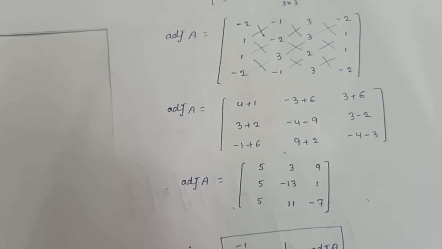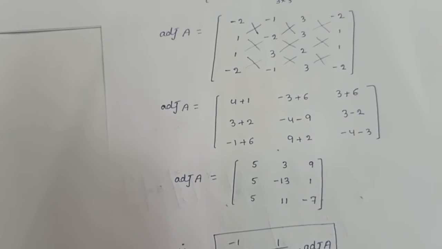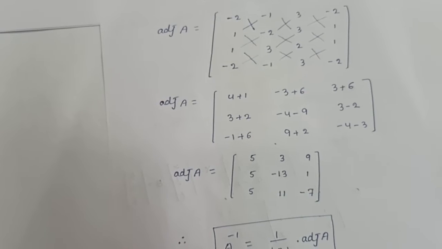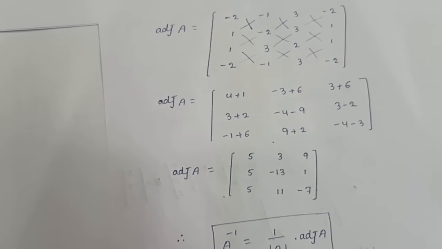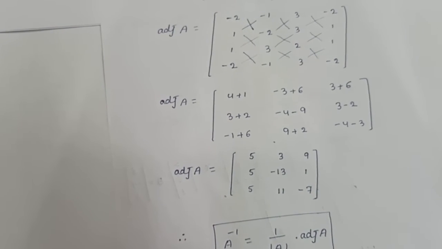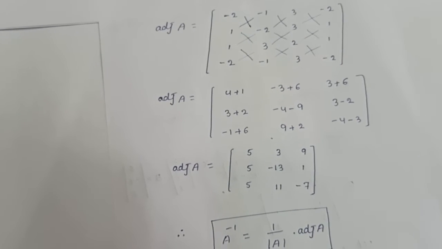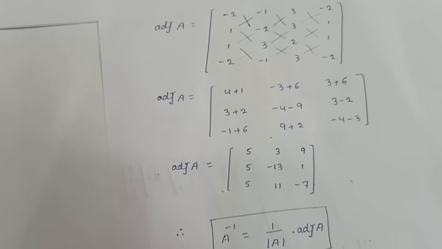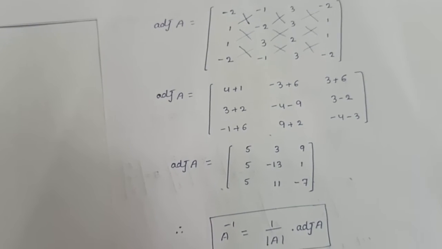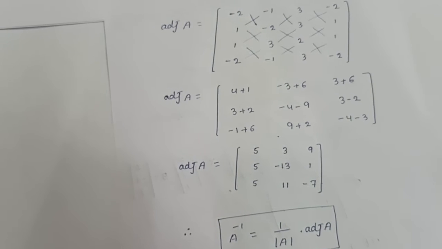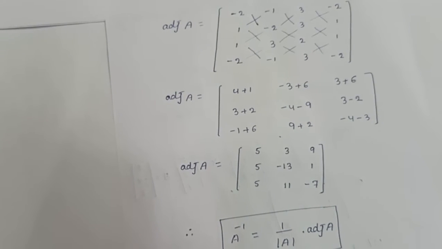Therefore adjoint of A is equal to 4 plus 1 is 5, minus 3 plus 6 is 3, 3 plus 6 is 9, 3 plus 2 is 5, minus 4 minus 9 is minus 13, 3 minus 2 is 1, minus 1 plus 6 is 5, 9 plus 2 is 11, minus 4 minus 3 is minus 7. This is the adjoint of A.